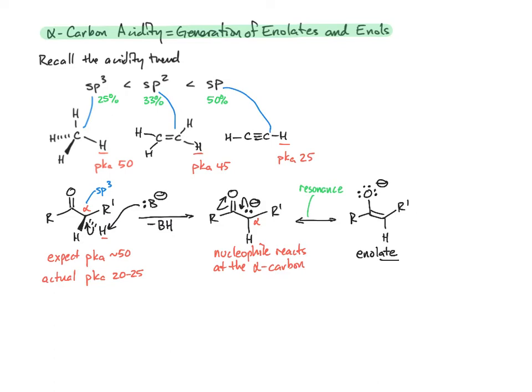Alternatively, if we are under acidic conditions, we will form an enol, and that is neutral. So let's use this general acid here, HA. We've seen plenty of times that a carbonyl group, when treated with acid, will be protonated.